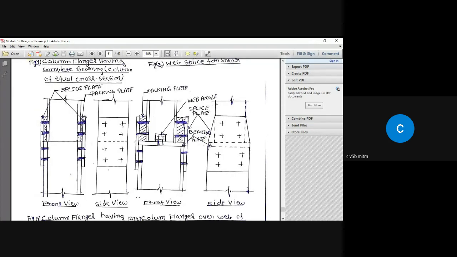So what is lateral torsional buckling? If you take an RCC beam, we always think about the deflection in the vertical direction. When you do a deflection check, you go for the vertical deflection check.